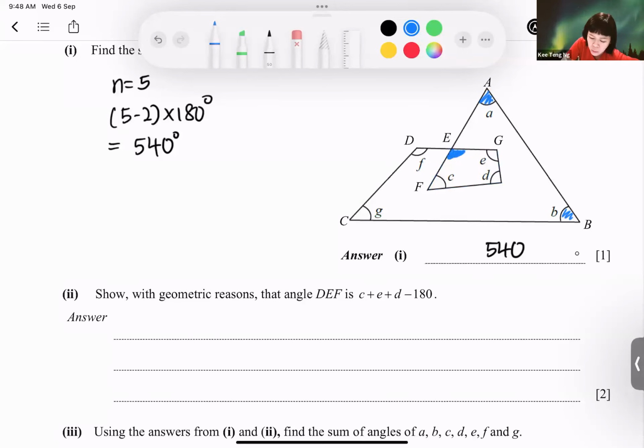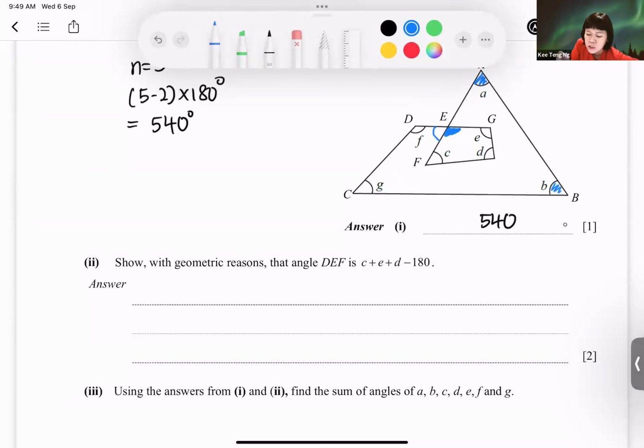So our first aim, if I want to find angle DEF, is let me find GEF first. So angle GEF is equals to, as was said, all the angles add up together is 360, right? 360, subtract away angle C, subtract away angle E, subtract away angle D. Am I right? So yes, GEF is this. Then given that I know GEF, how to find DEF?